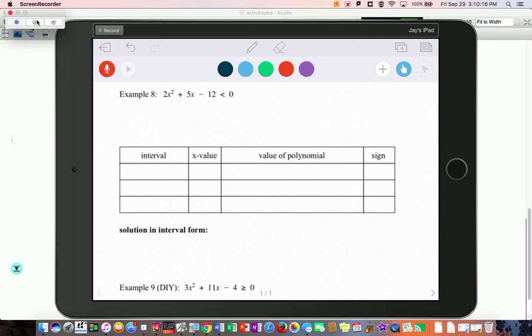All right, for the last couple examples, we're going to find the critical values. I'm going to skip using the box because we just got done doing chapter 2, and you should know the shape of these graphs. So if I simply factor this, it might take you a couple times, or use the quadratic formula. But because of the 2 there, I can put 4 here and 3 there.